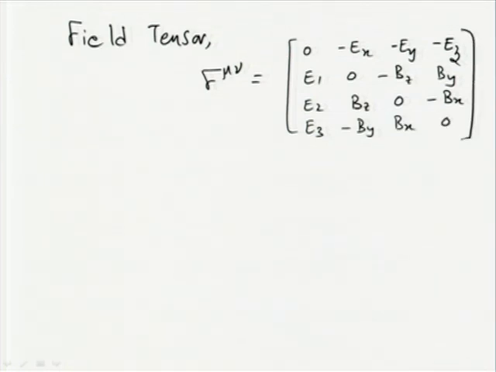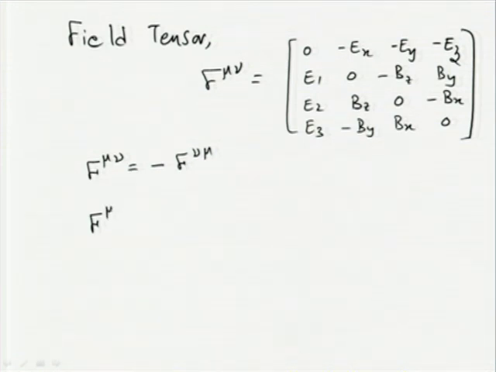This is what we had written down yesterday, and its property is that F mu nu is equal to minus F nu mu, antisymmetric under the interchange of the two indices mu and nu, and that we said it is a second rank tensor.